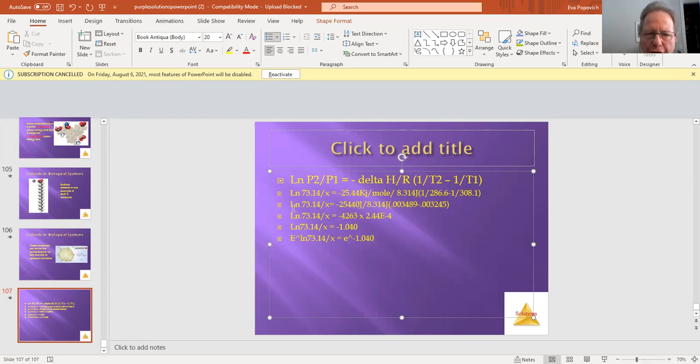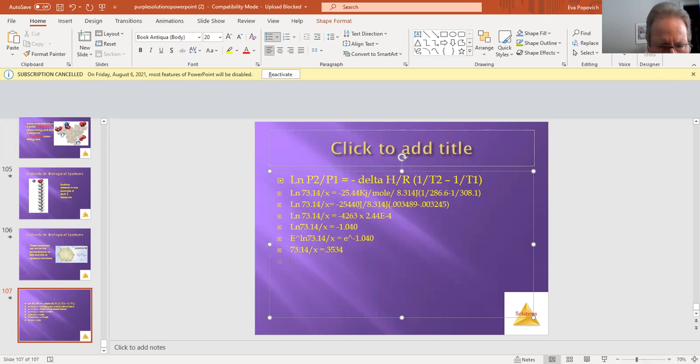Now, e raised to the ln power makes this just 73.14 divided by x is equal to, now I'm going to take e to the x, type in negative 1.040, and this ends up being 0.3534.